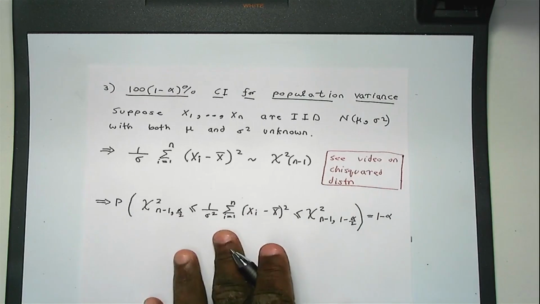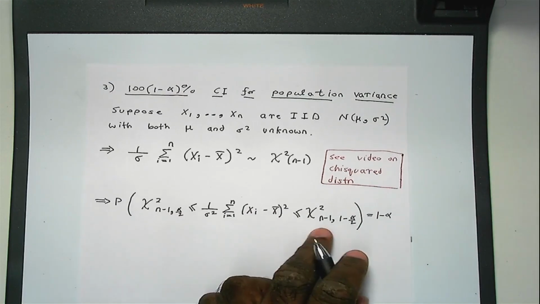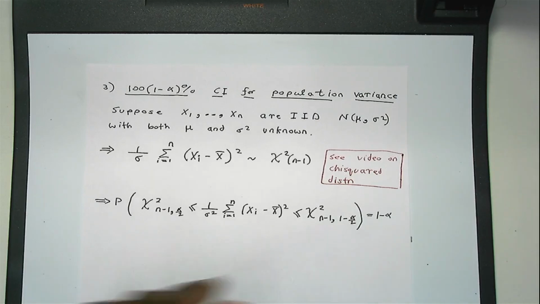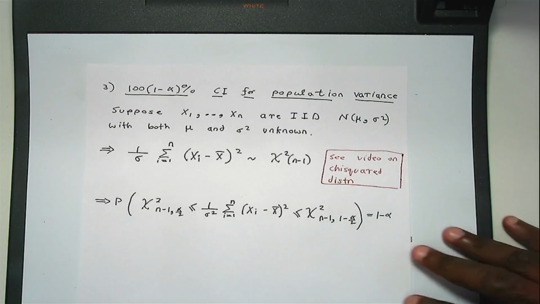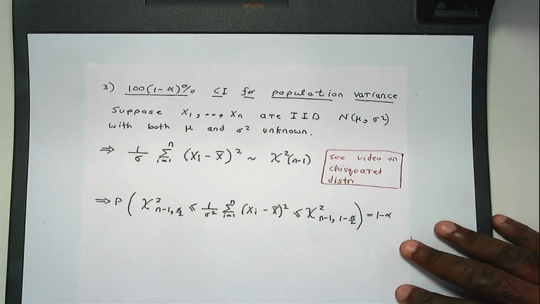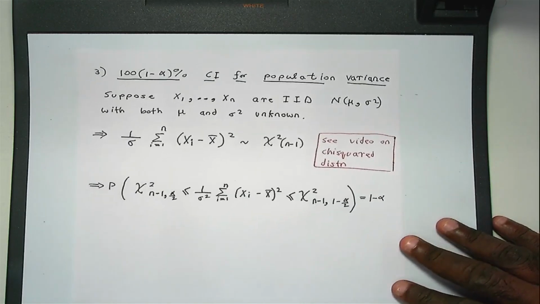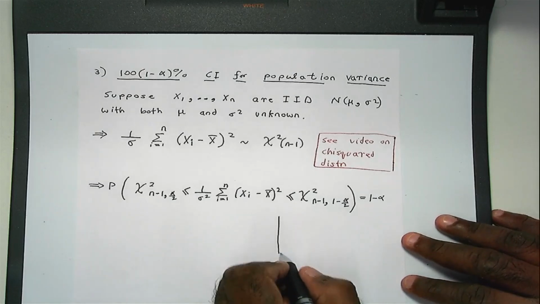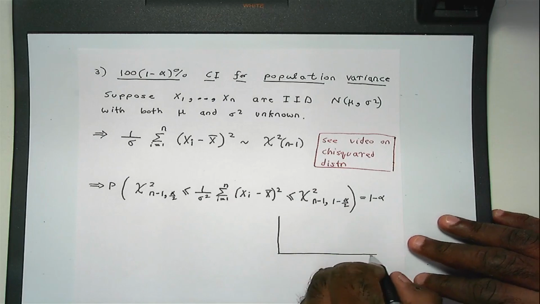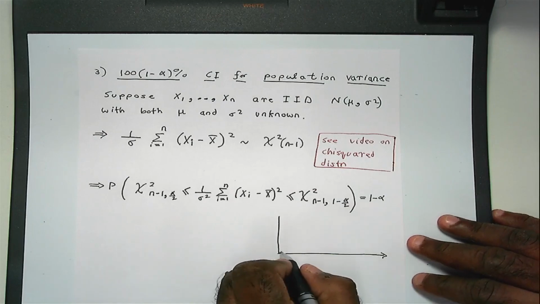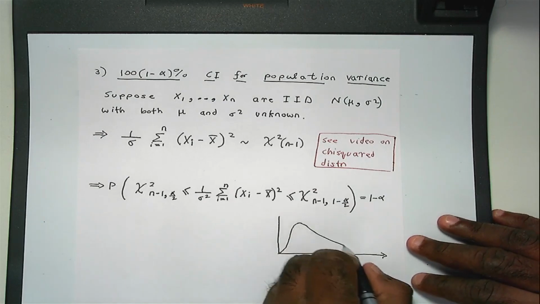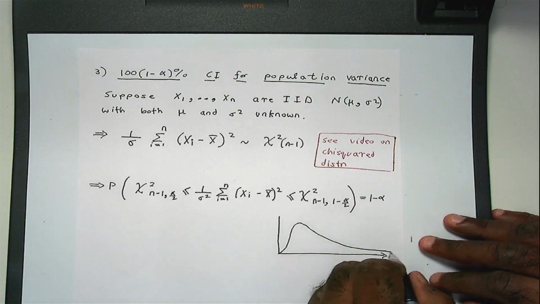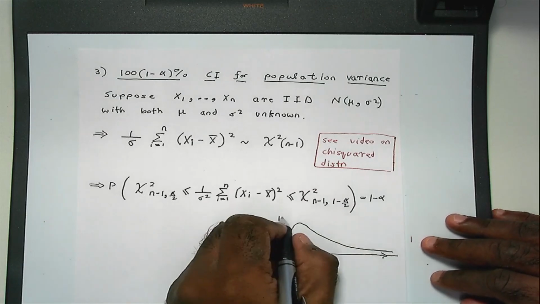I talked about them during the video on chi-square and the video on percentiles. You may recall the following picture. If you have seen the video, you will see that the PDF of a chi-square is skewed.